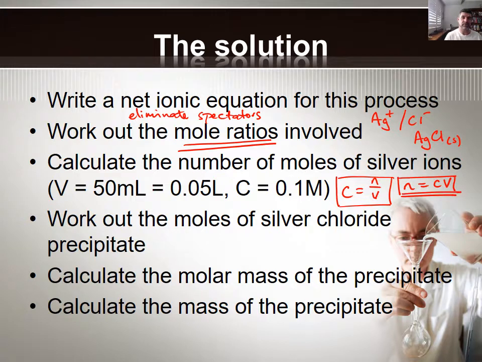So the number of moles of silver ions related to the number of moles of silver chloride. Then we need to calculate the molar mass of the precipitate. And finally, we use the formula number of moles is equal to mass over molar mass. Or in this case, because we're after the mass, mass is equal to the number of moles multiplied by the molar mass. And that will give us our final mass for the precipitate.